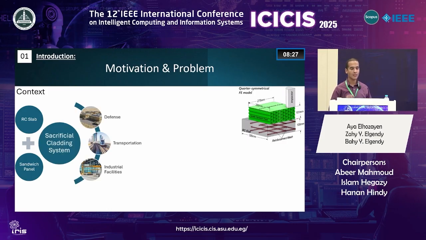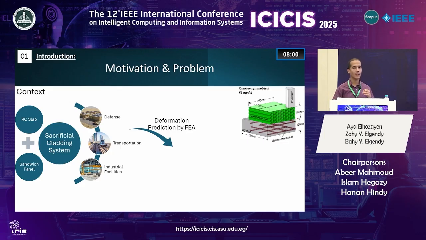Such a system with these two components is called a sacrificial cladding system, which has many applications in the defense, transportation, and industrial facilities sectors. Our main aim here is to be able to predict the deformation or damage that could occur on the sandwich panel and how much of such damage could be transferred to the RC slab beneath it.